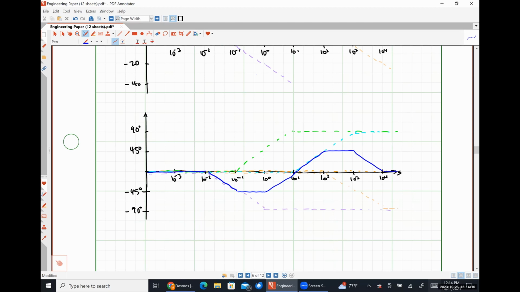It was where I chose my poles and zeros and the amount of space that I had to draw. So it completely and utterly depends on what the transfer function of the system is.